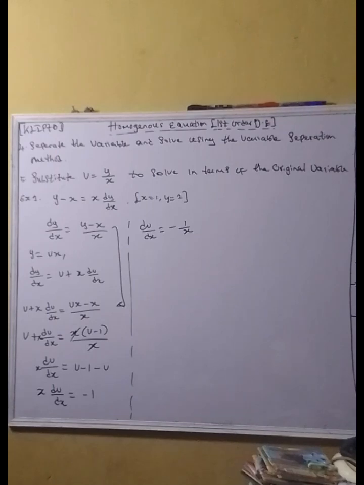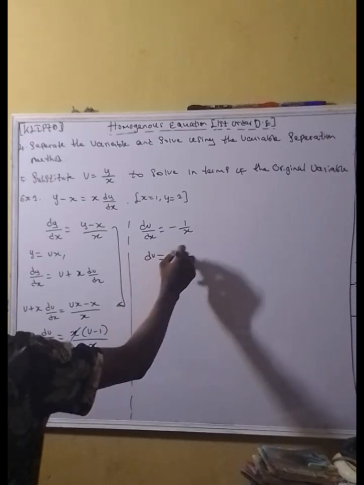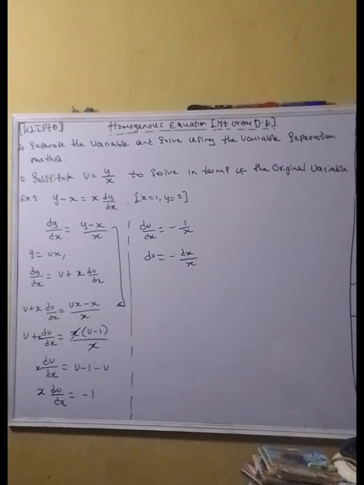Are you with me? And at this point we were able to break it down already. So what we need to do now is apply the normal variable separation method to solve our problem. Before that, you are going to have dv equals negative dx over x. Are you with me?